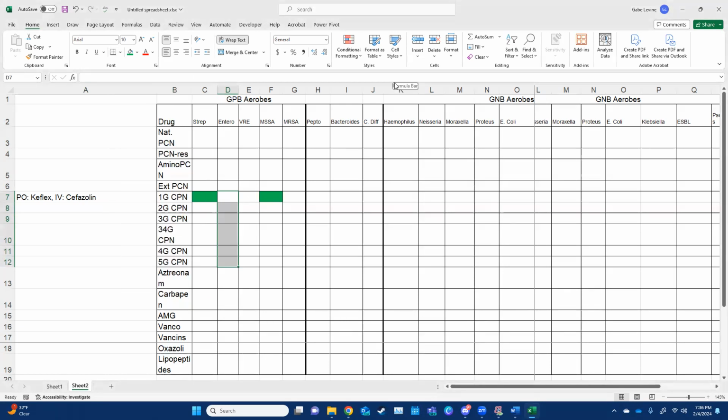I wish I could put an X in all of them. So none of the cephalosporins are good for enterococcus. Will any of them cover VRE then? No, right? If you can't do regular enterococcus, you can't do the resistant enterococcus. How about MRSA?